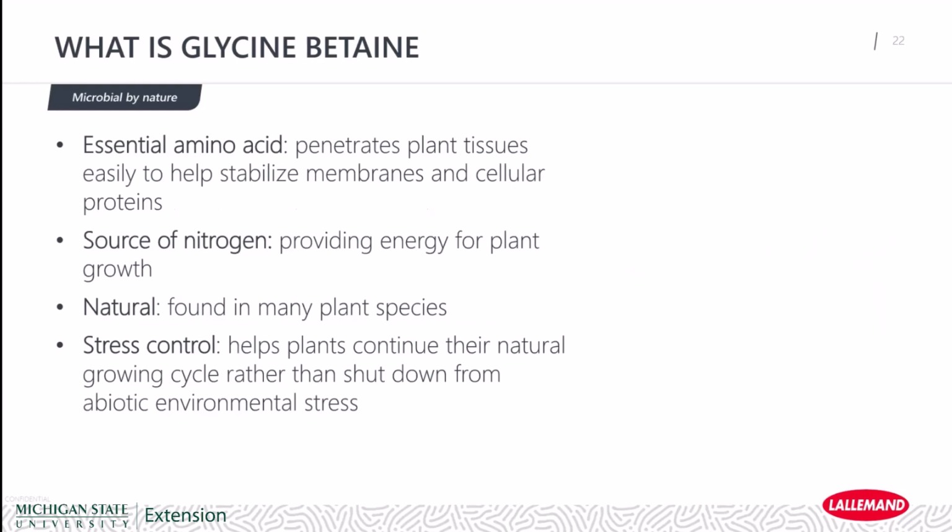It's also a great source of nitrogen because it is an amino acid. It'll help to provide energy for the plant, and it's a naturally found substance within plants. So this is very natural. It's produced by most plants for stress mitigation, and it's really about just putting a concentrated form through. Again, it helps with stress control and helps plants continue their natural growing cycle rather than shutting down.